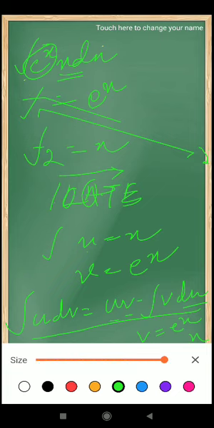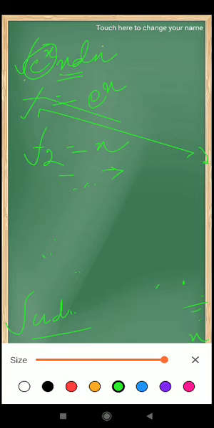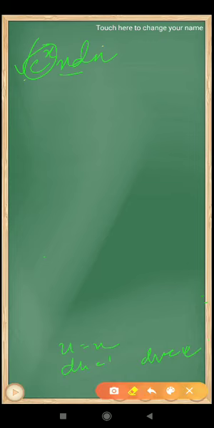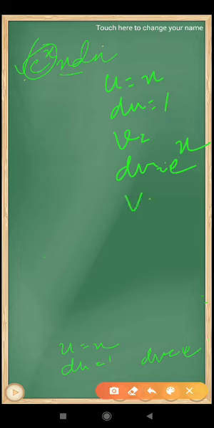Now we can go for the answer. Here u is equal to x, du is equal to 1, dv is given, dv is equal to e to the power x, so v will be e to the power x.